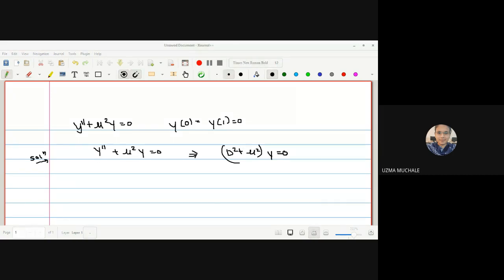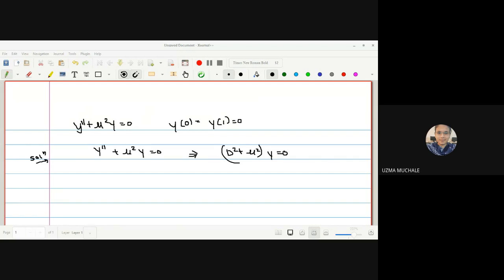What is the solution of this differential equation? Y equal to A cos mu x plus B sin mu x. Correct.